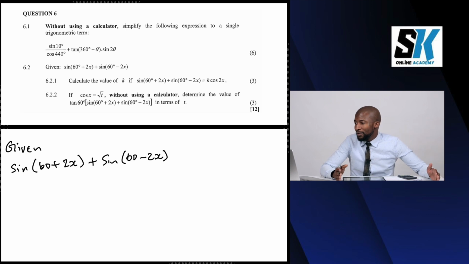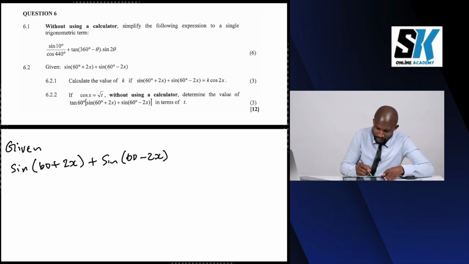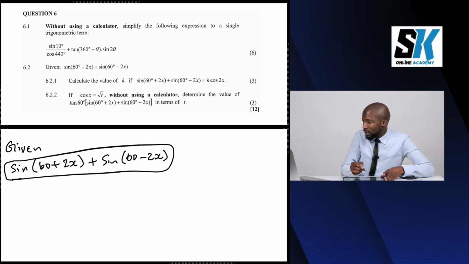They say calculate the value of k if sine (60 plus 2x) plus sine (60 minus 2x) is equal to, so they're telling us that the whole thing they gave us is equal to, and I'm going to rewrite it.